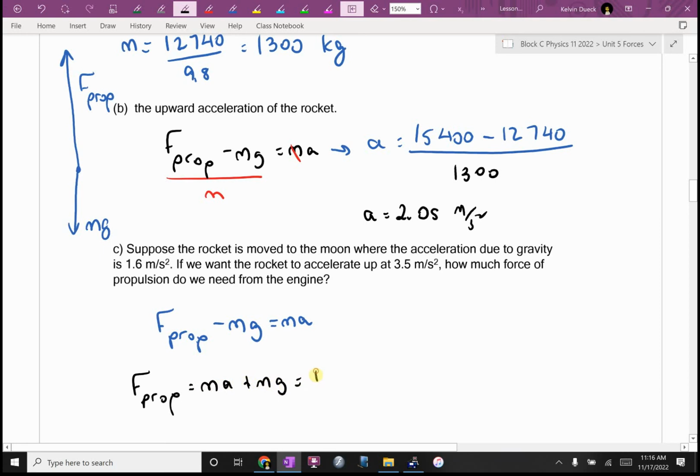M was 1,300. A was 3.5. Plus, I can't type 12,740 because that was mg on the Earth. Here, it's going to be 1,300 times, what's g on the moon according to this question? 1.6.